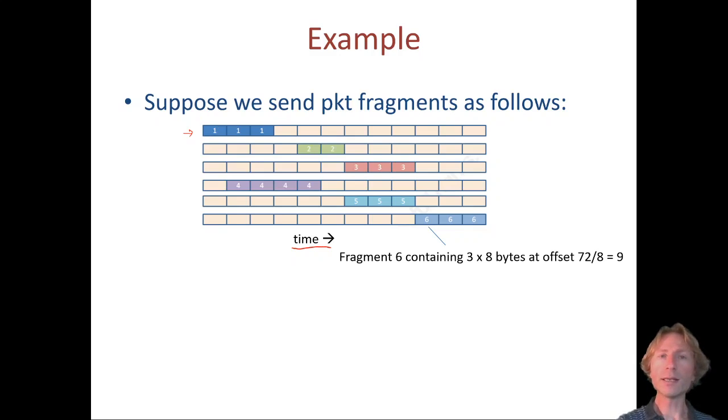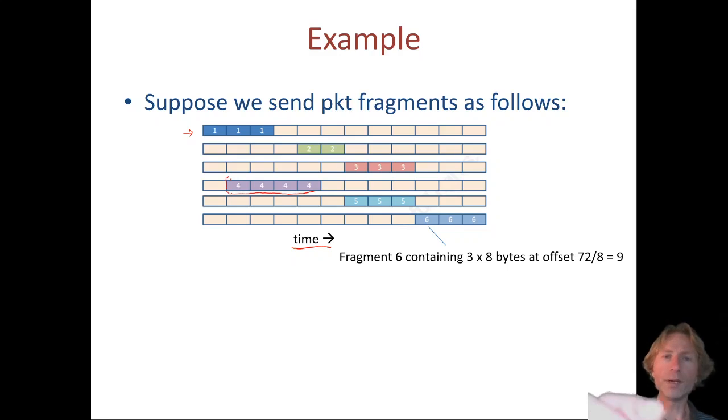Then a little while later, it sends fragment 4, which contains 4 times 8 bytes, and it starts at offset 1, that is, 8 bytes into the packet. Offset block, cell number 1, which is 8 bytes. Every cell is 8 bytes.